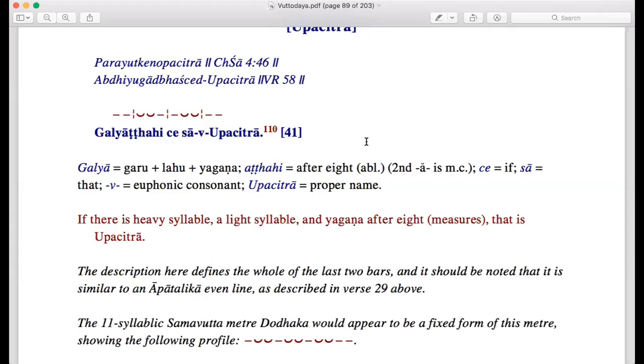And because we have 5 syllables like that, we can combine them however we want to make a group. So according to the Vuttodaya, he combined the last 3 syllables to form a yagana. But if we don't like that way, we can combine the first 3 to form the bhagana. So they are just the same.